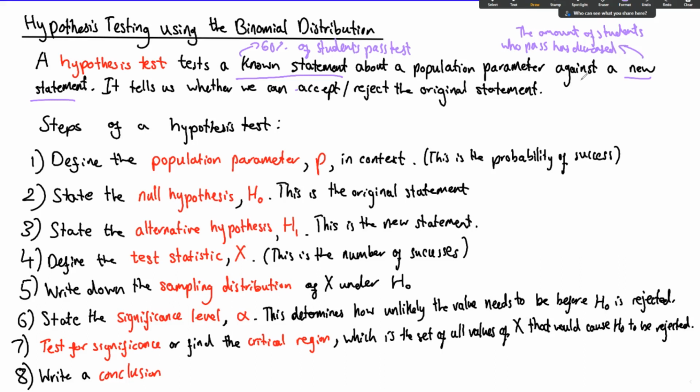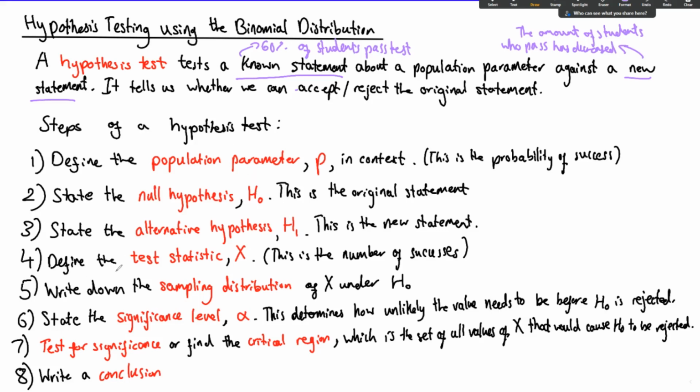The probability of that is going to be P. And then you state the null hypothesis, which is your known statement. And then you state your alternative hypothesis, which is your new statement. And your null hypothesis is denoted by H0, whereas your alternative hypothesis is denoted by H1.